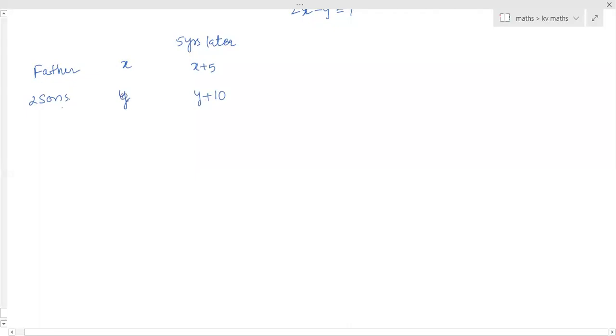Or you can consider this as, just like Jayant has considered, Y plus Z. So this will become Y plus Z plus 5 plus 5, so Y plus Z plus 10. Clear? And then check the relation. These are the present ages.